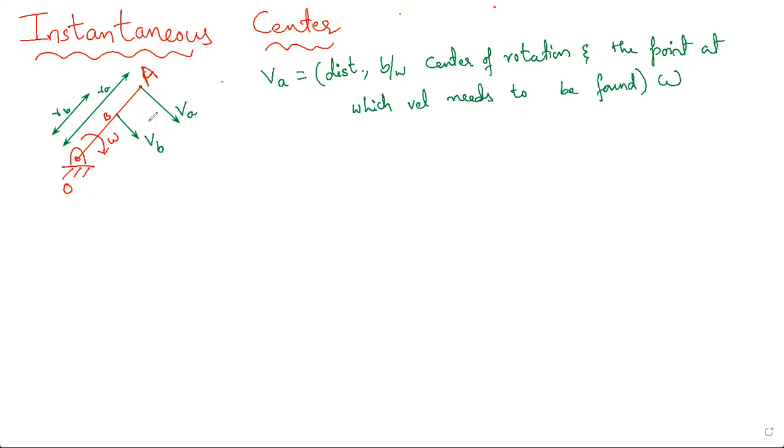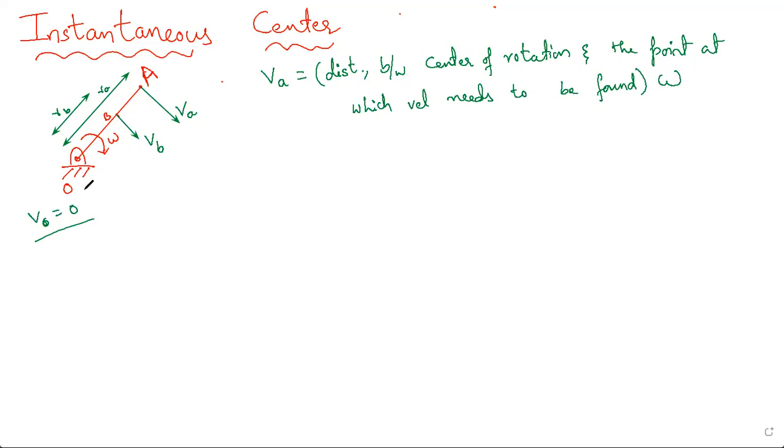You can see that velocity varies from point to point. As the points come closer to the center of rotation, the velocity continuously decreases. At point O, the velocity is 0. Immediately I can write VO, the velocity of O, is equal to 0.